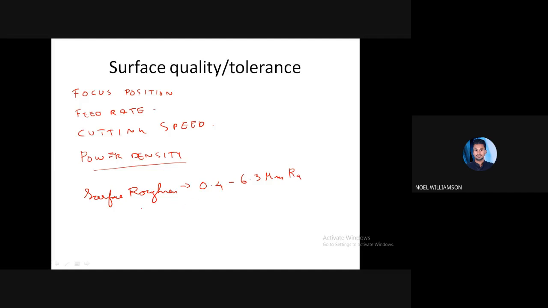And the tolerance, we have already seen, tolerance value between plus or minus 0.015 to plus or minus 0.125 mm. Okay, so these are all about the laser beam machining.